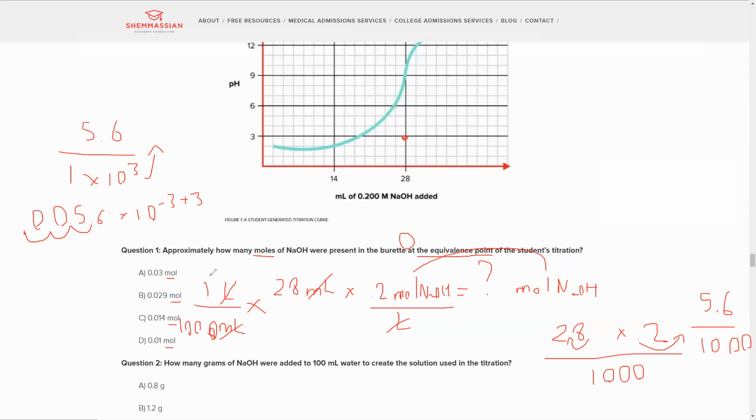It is 28 milliliters for 0.2 molar NaOH. 28 milliliters times 0.2 molar of NaOH, 0.2 moles per liter of NaOH.